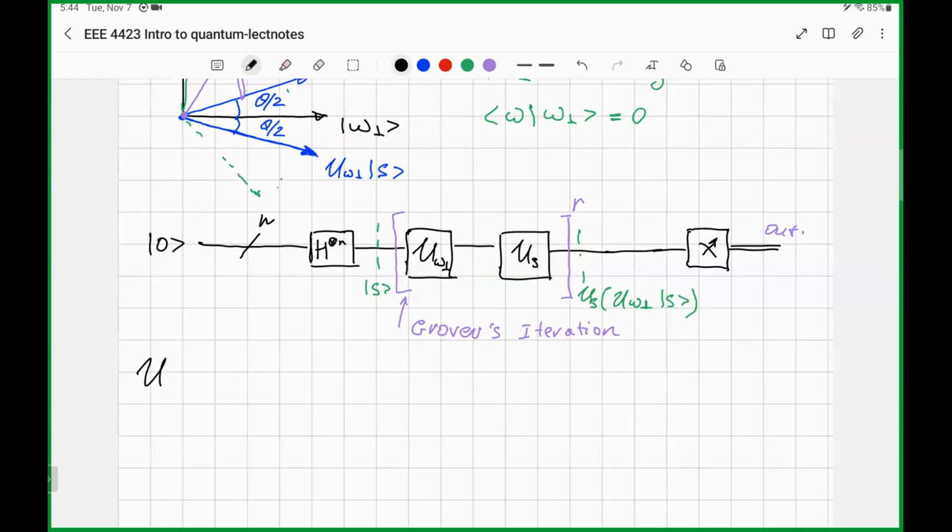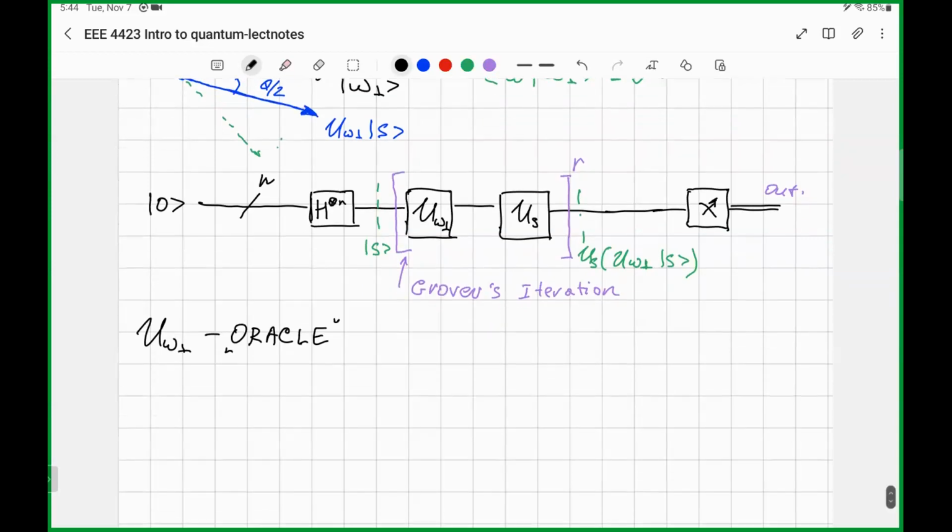The operation U omega orthogonal, or U omega, is called the oracle. This oracle is a function that works like a black box.